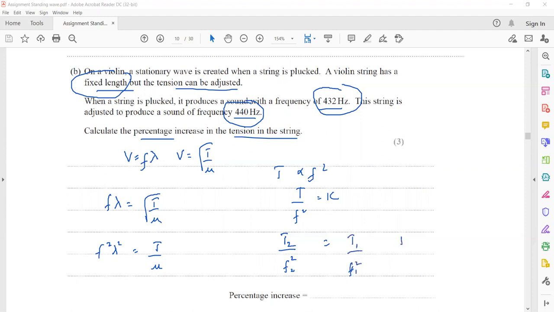So when we cross multiply, T2 divided by T1 equals F2 squared divided by F1 squared.